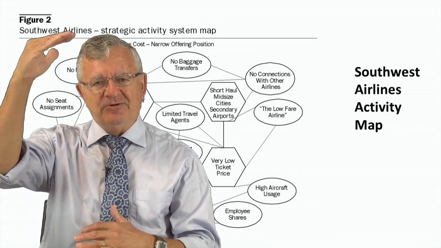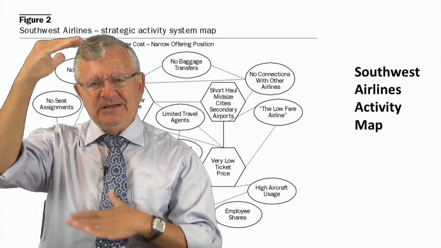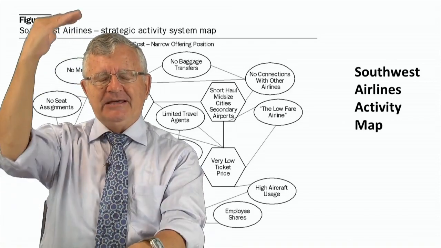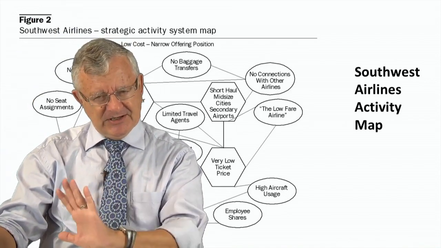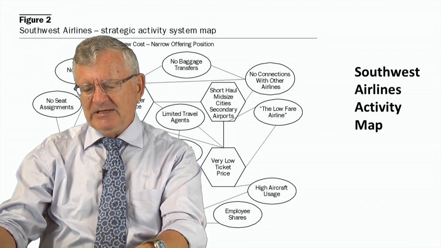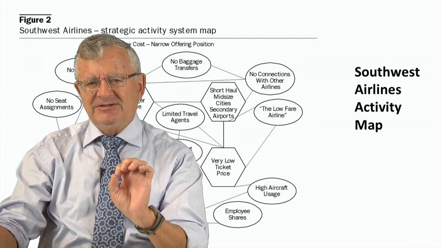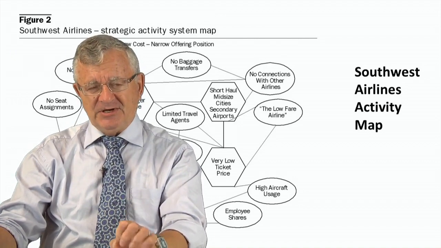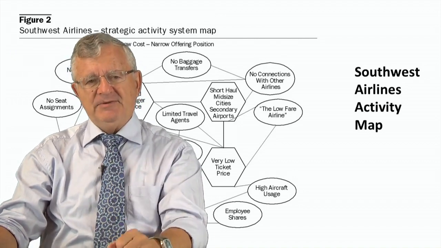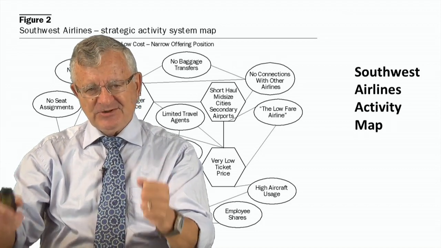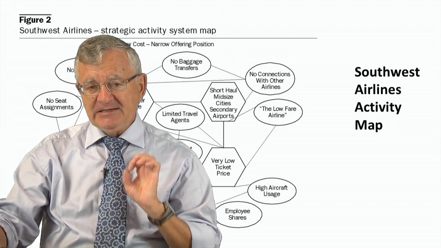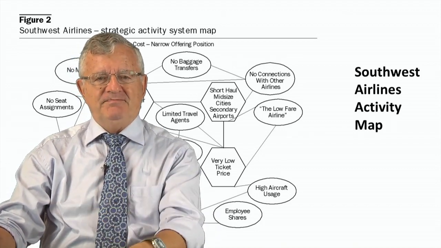You need to do both. Feet on the ground, cost down, head in the clouds, value up, and that will create an airline that is consistently profitable, provided you can get the delivery right, get the operations right, do the activity map, make sure everybody knows it, make sure it's logical, and then implement it, make it happen.